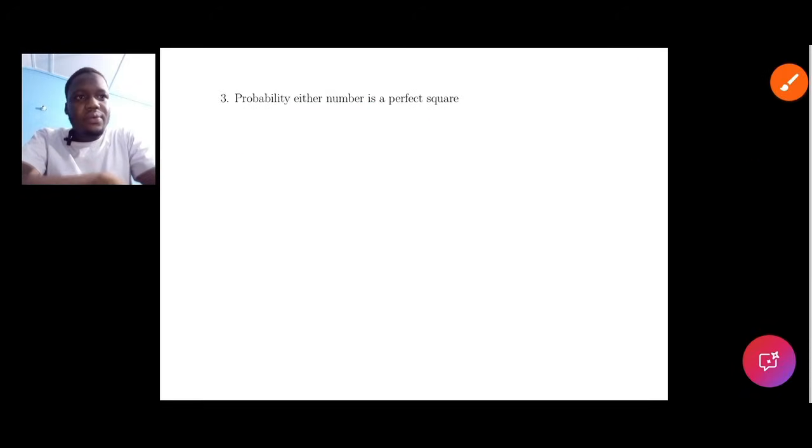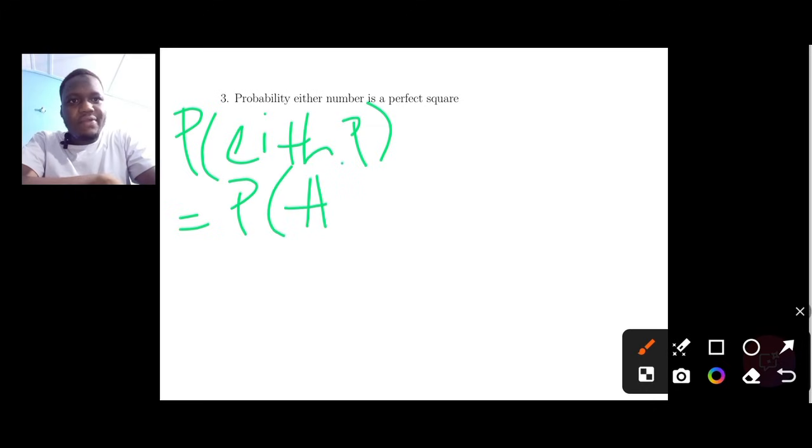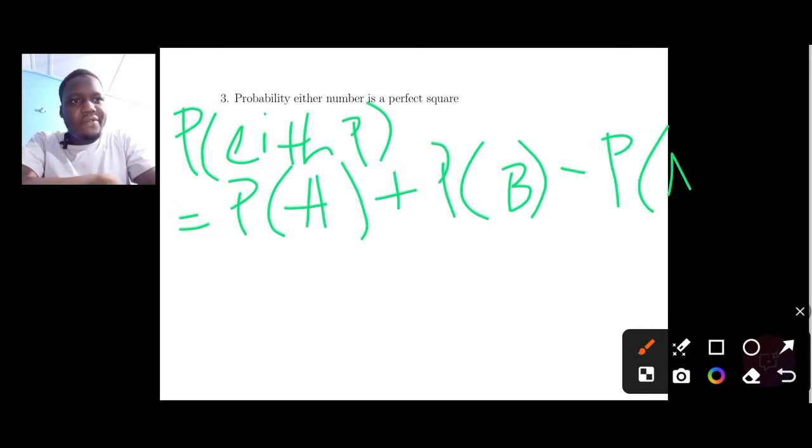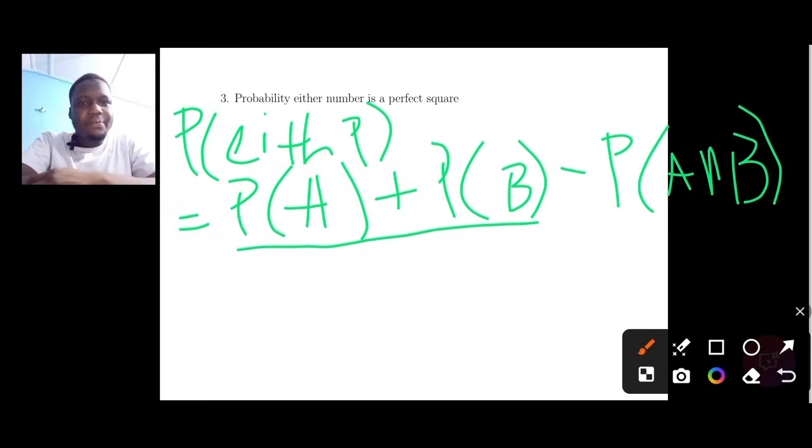So from what we know, the probability that either is perfect is P, that the first one is perfect, or the second one is perfect, minus both are perfect. Now this is what you have to note. When we come to the union, for the addition part, we assume we perform the experiment afresh.